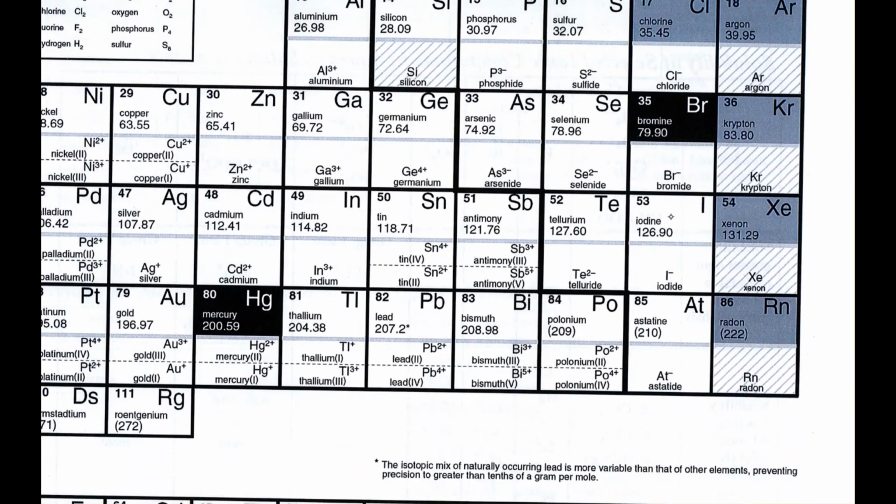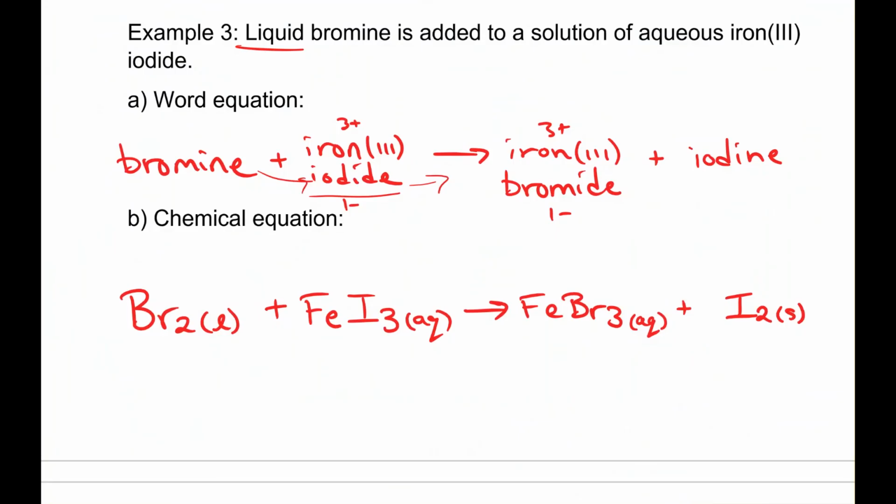Iodine is white, so it's a solid at room temperature. Perfect, no problem. So we've got our skeleton equation. Let's balance this. So 3 I's, I need 2 I's, so we need 2 of these and 3 of these. 2 irons, 6 bromines, so 3 times 2 is 6 bromines.